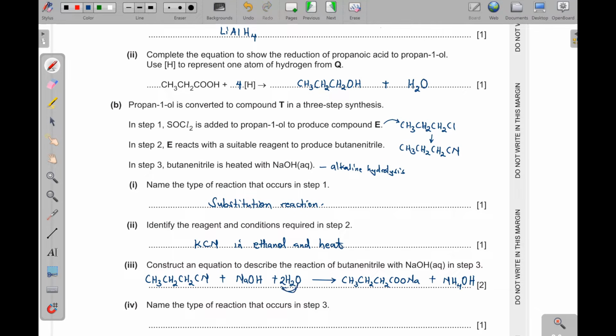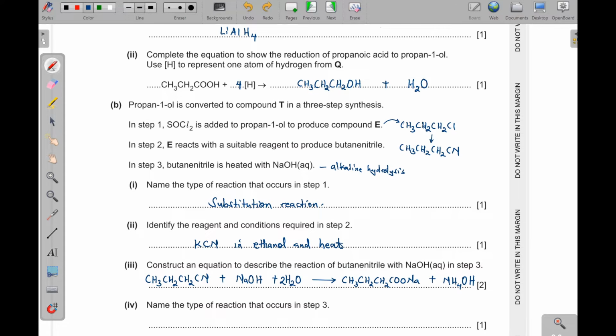Now, oxygens are 2 plus 1, those are 3, not so? 1 here and then 3. What else? Then hydrogens, how many are they? These are 4, then 5, 6, 7, 8, 9, then 12. Those are 12. Then we come to this side. These are 5, then 7, 8, and then 12. The rest are okay. So balanced. It has to be like that.